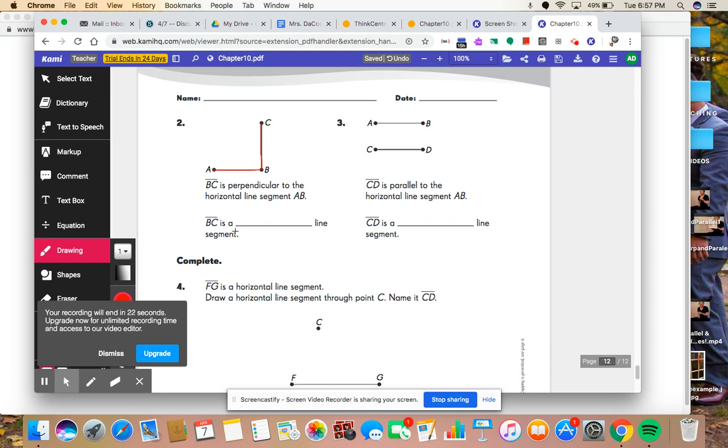BC, this line right here, is a what line segment? Is it horizontal or is it vertical? It goes up and down, so it would be vertical.